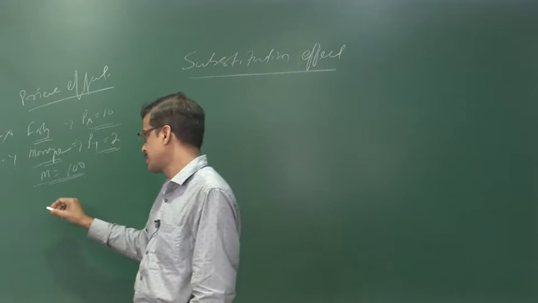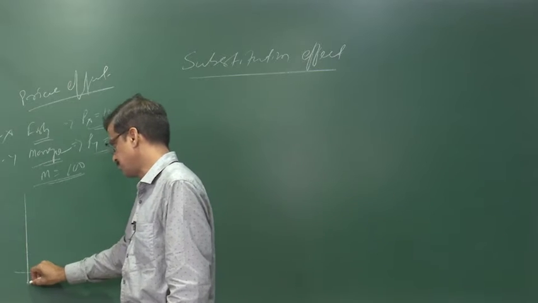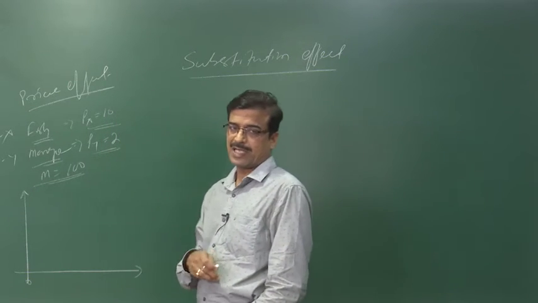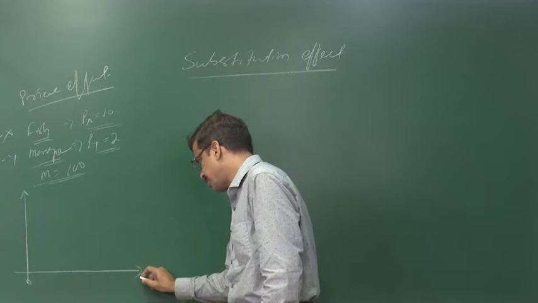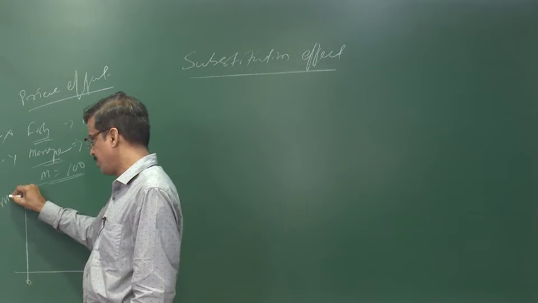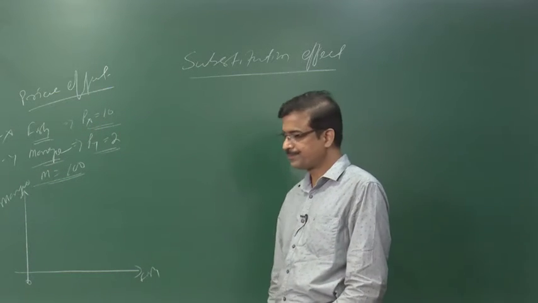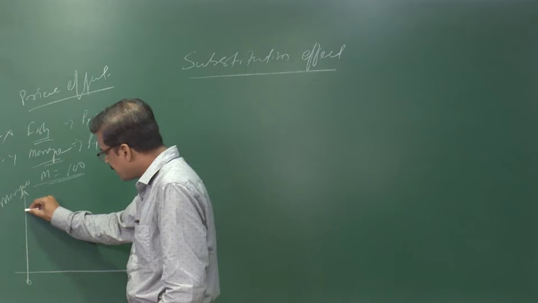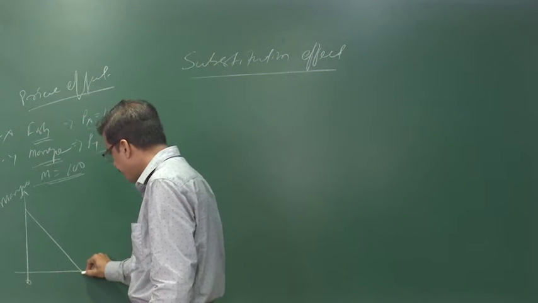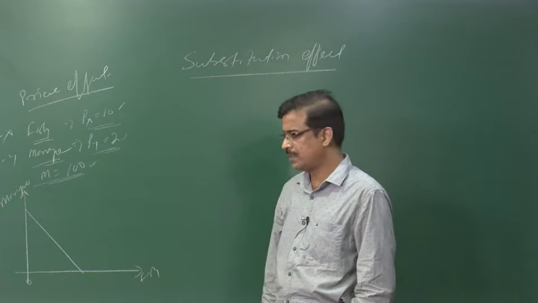Considering these things, we can trace the budget line. Here it is fish, and this side is mango, that is good X and good Y. Now, given money income and price of the commodities, we trace the price line.